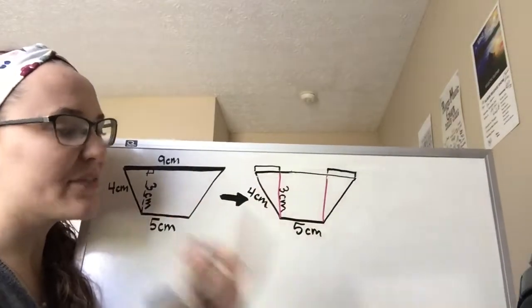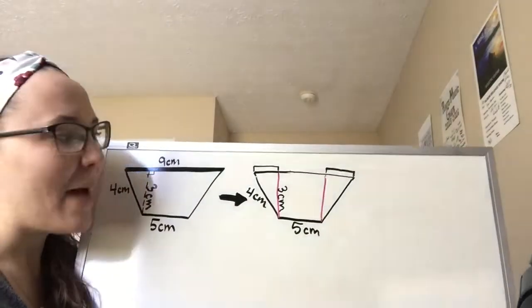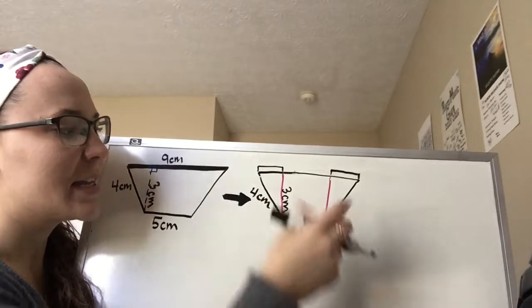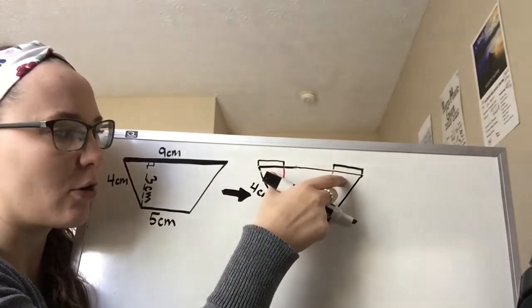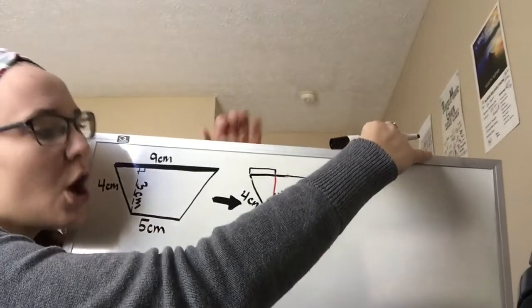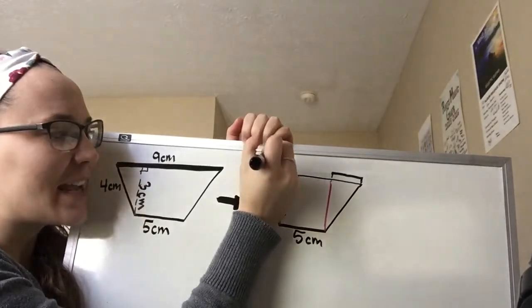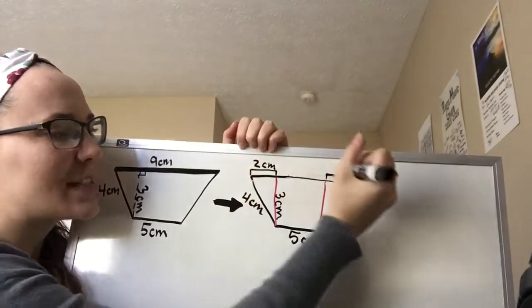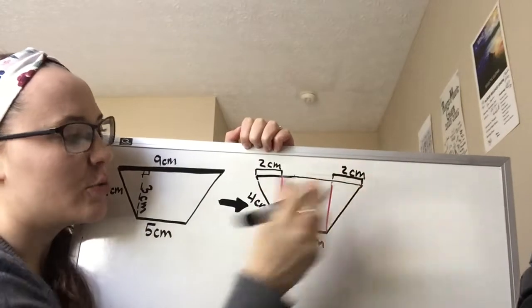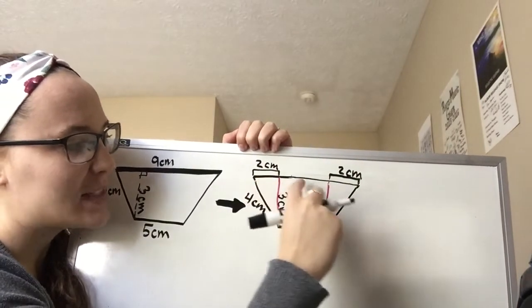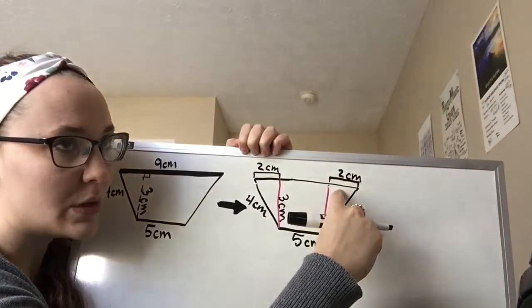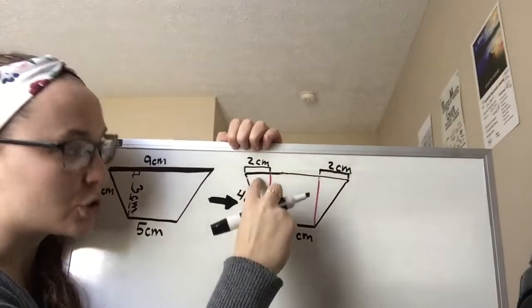So 9 minus 5 is 4. That means that there's 4 centimeters combined between these 2 triangles, right? So that actually means that each triangle would get 2 centimeters. Do you agree that 2 plus 5 plus 2 is 9? Yeah, 2.